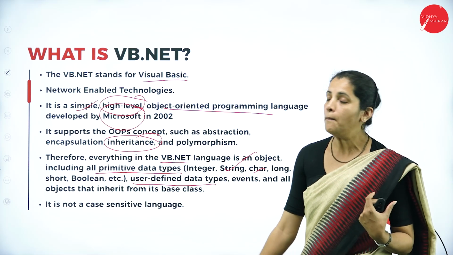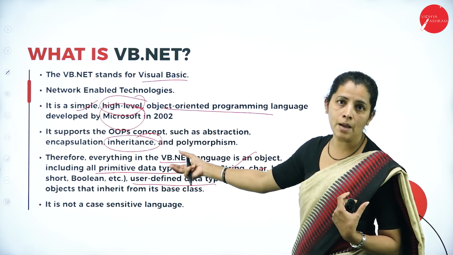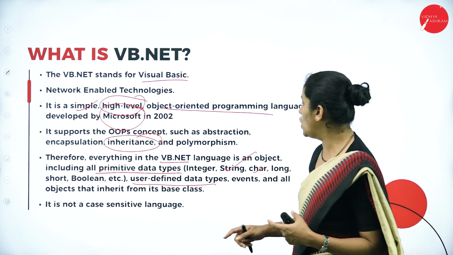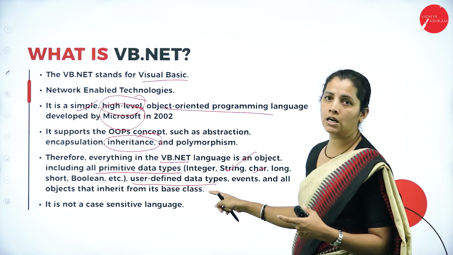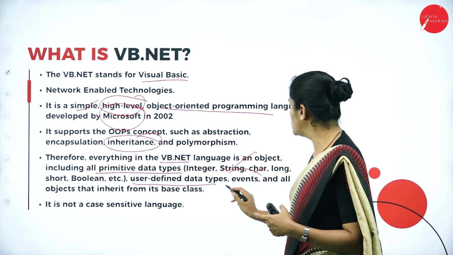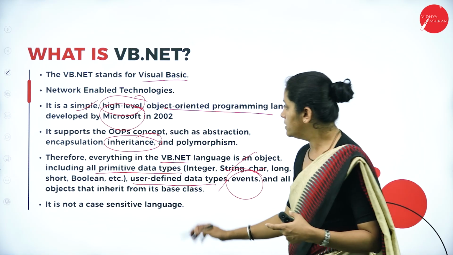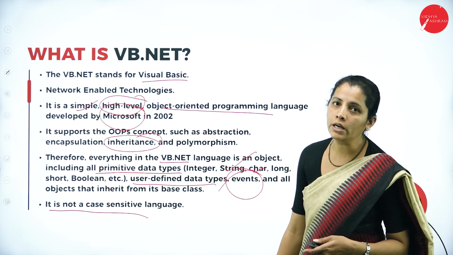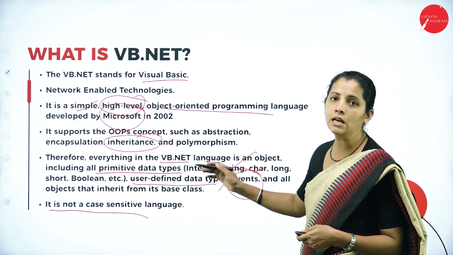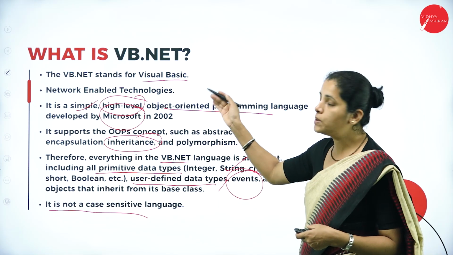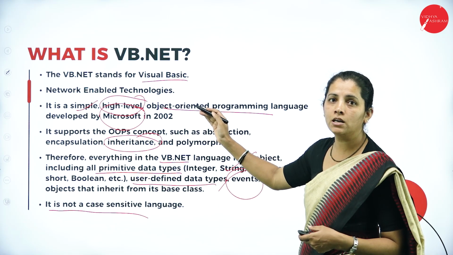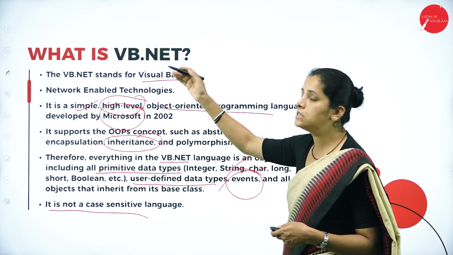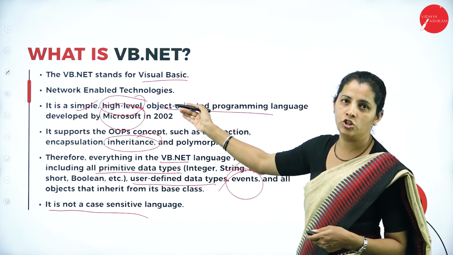In a sense, by using primitive data types, the user can create their own data type, then it is called a user-defined data type. Along with that, it also supports events. Then, Visual Basic is not a case-sensitive programming language. So, VB is nothing but Visual Basic, and it is a network-enabled technology.